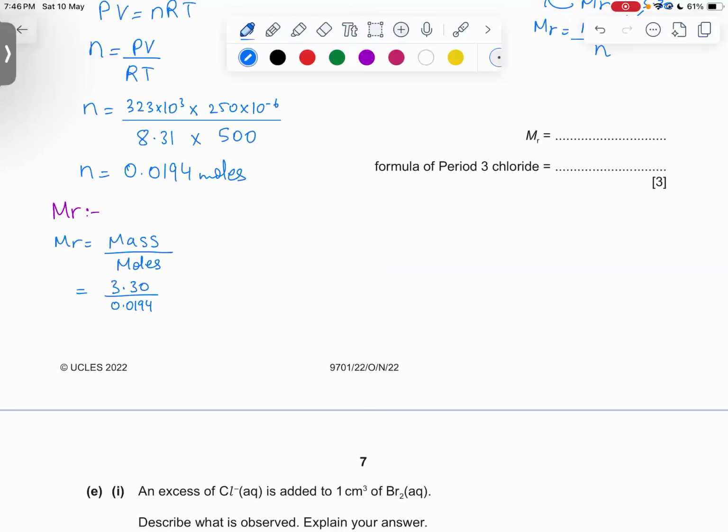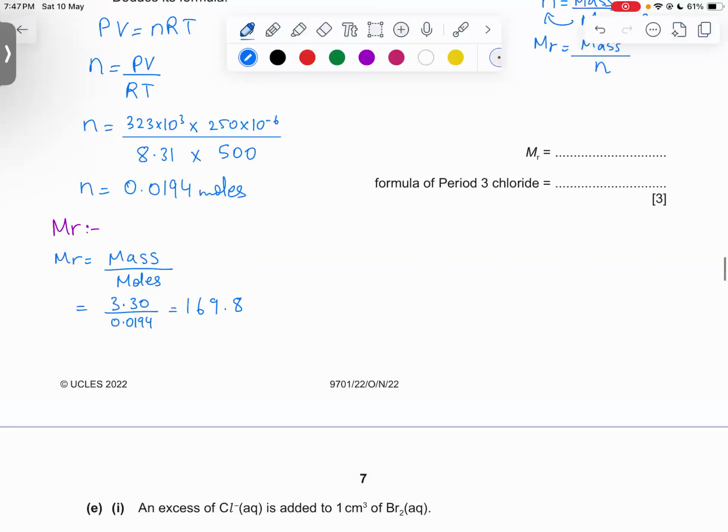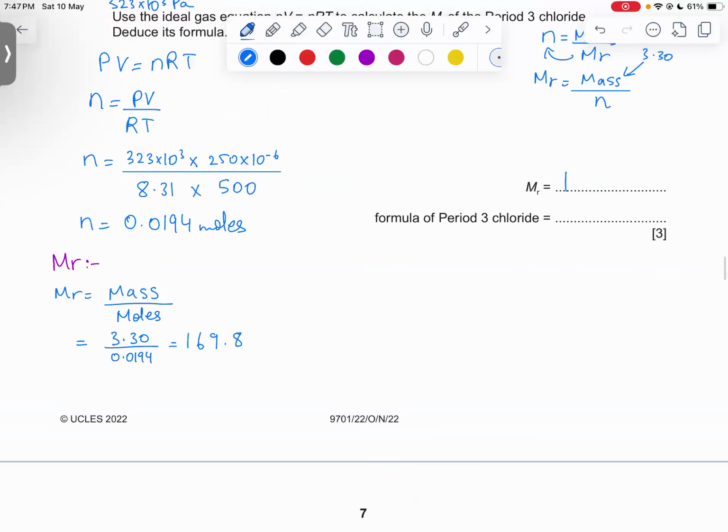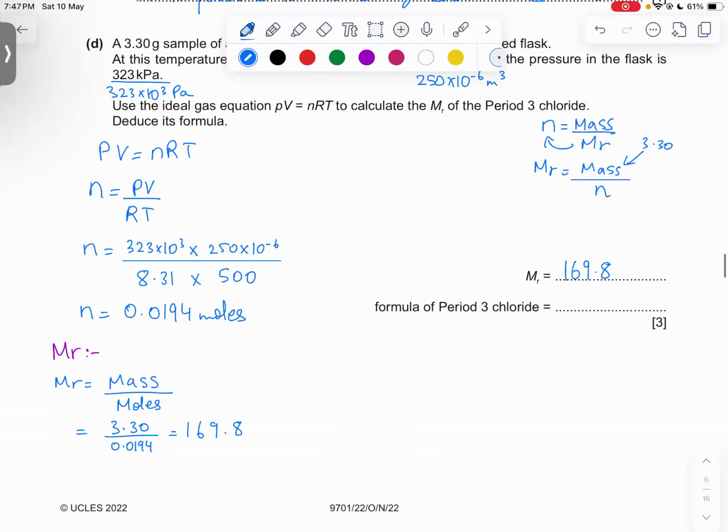So 3.30 upon 0.0194, we are getting an answer of 169.8. All right. So our answer is 169.8. Okay. Formula of period 3 chloride.